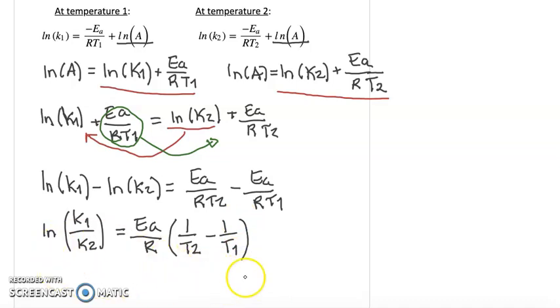So now we have an equation here. And remember the known values: we know K, so we can easily calculate this part. This is known. We know the temperatures, so this is known. And we know the gas constant, which is always constant. And then we can calculate the activation energy.